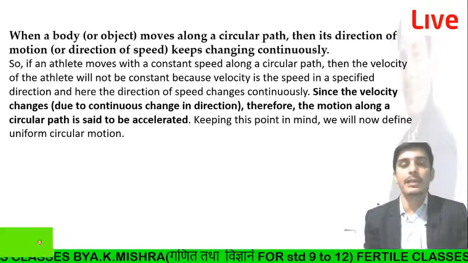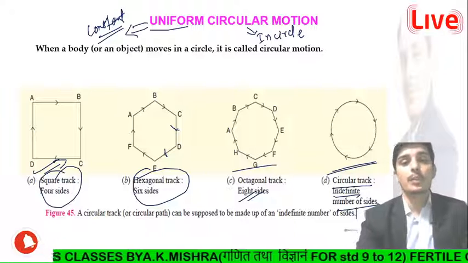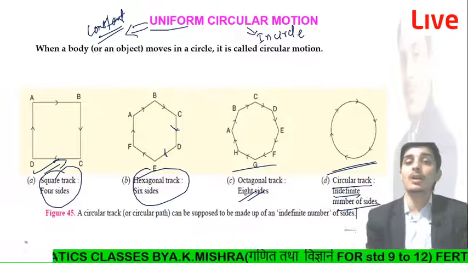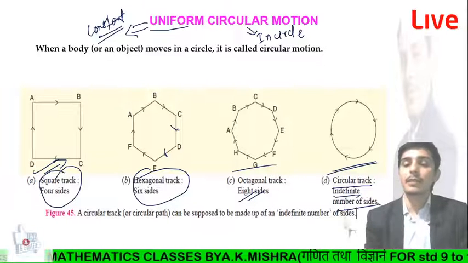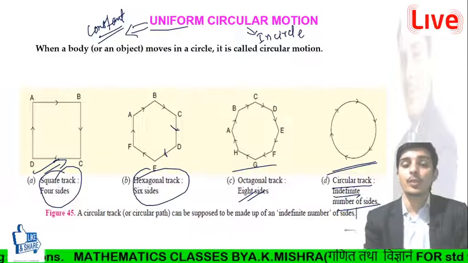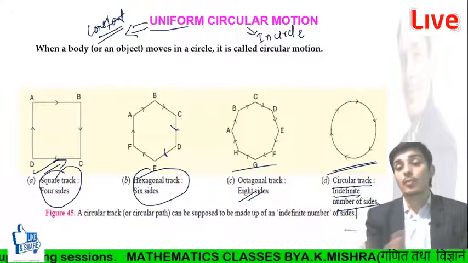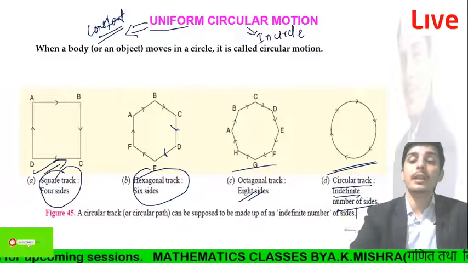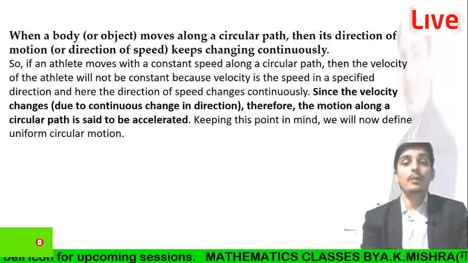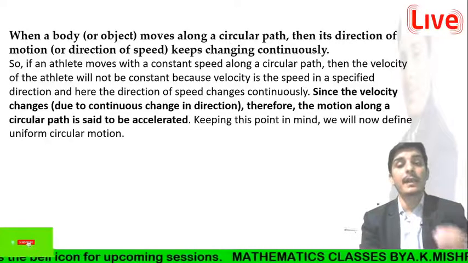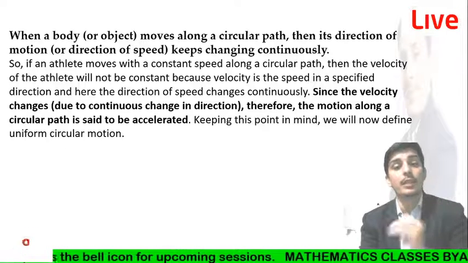So guys, I have discussed what circular motion is. When a body moves in a circle, it is called circular motion, right? And circular tracks have an indefinite number of sides. Now, when a body moves along a circular path, its direction of motion or direction of speed keeps changing continuously.